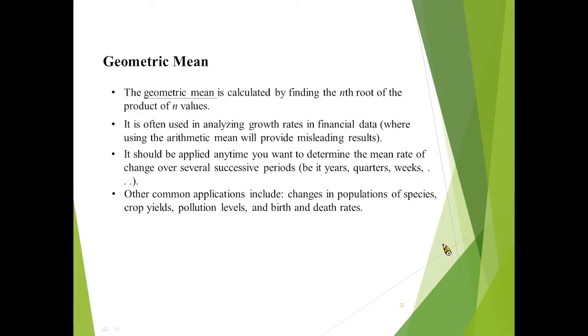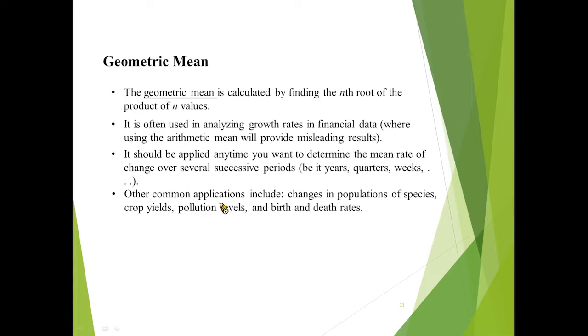Another one is the geometric mean. The geometric mean is calculated by finding the nth root of the product of n values. It's often used in analyzing growth rates in financial data. It applies anytime you want to determine the mean rate of change over several successive periods.